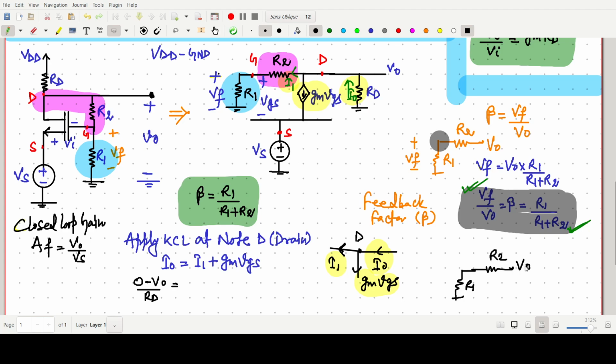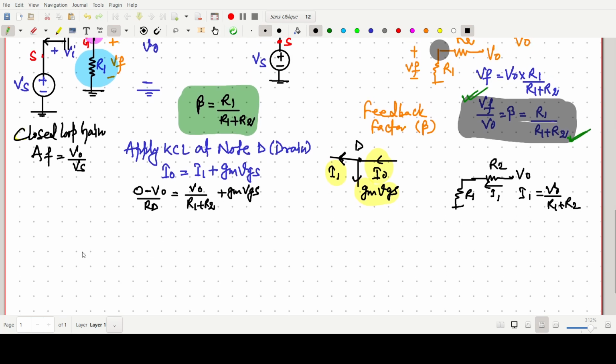Some current I1 is flowing, so I1 is simply V naught minus 0 by R1 plus R2. So we can write I naught equals V naught upon R1 plus R2 plus gm VGS, because it is there. Simple equation.